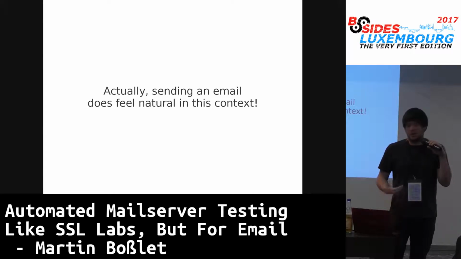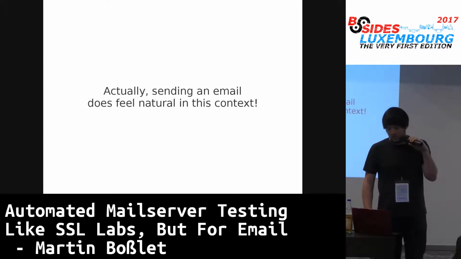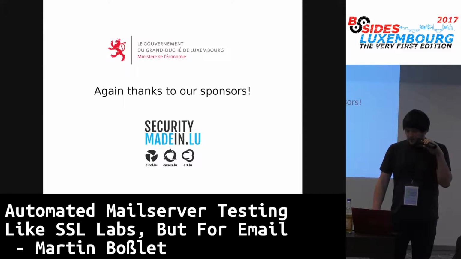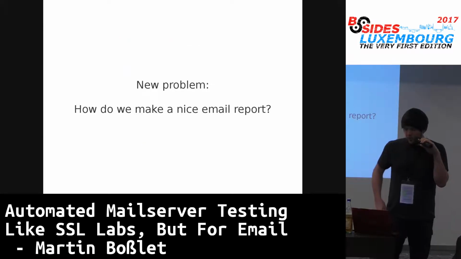So in the end, I think it really feels natural. So if you want to talk about email security, why not send an actual email? And we thought it was a good idea, and phase 2 was again sponsored by the same sponsors, so we could implement this. And it led us to a new problem.